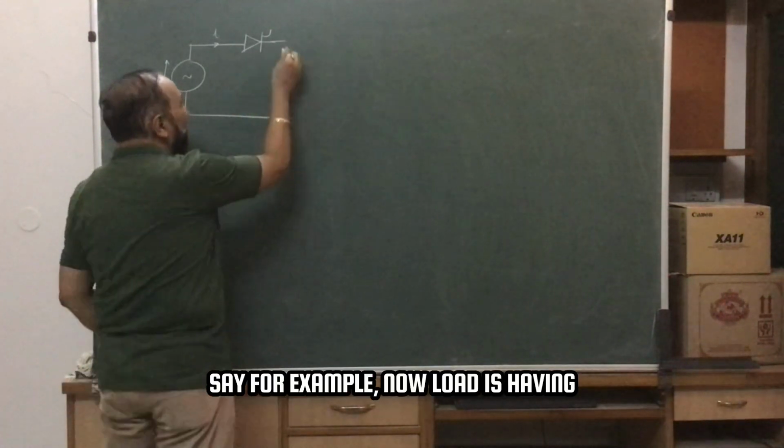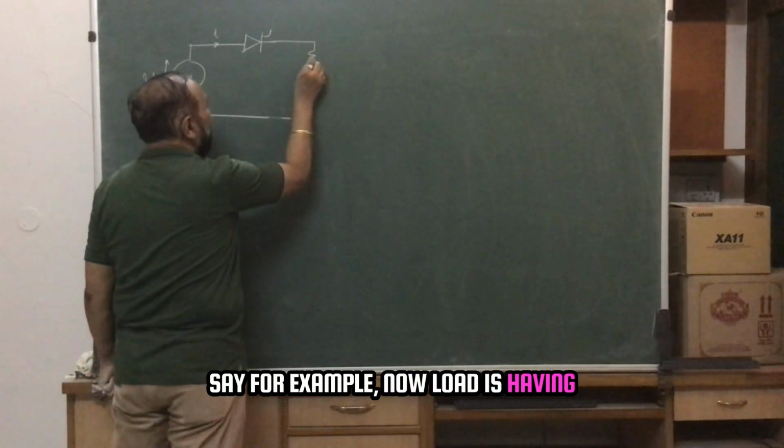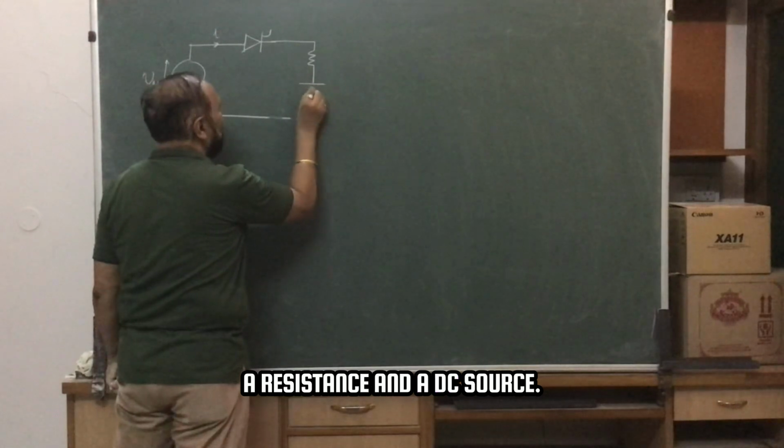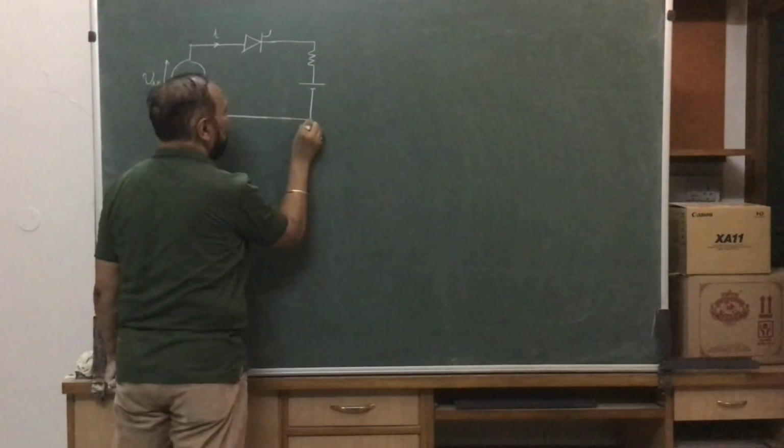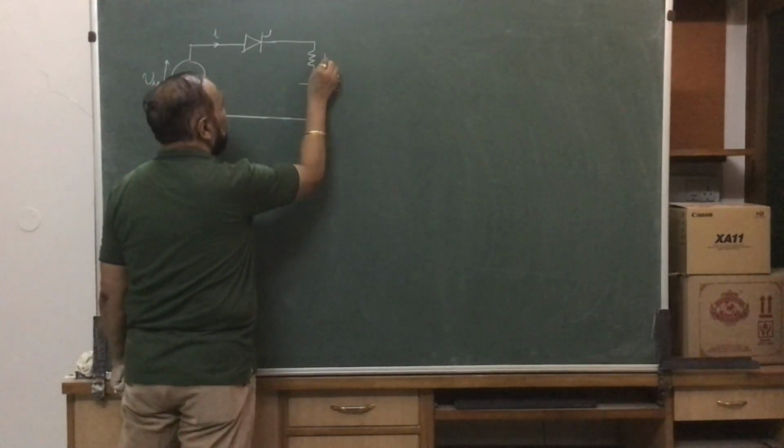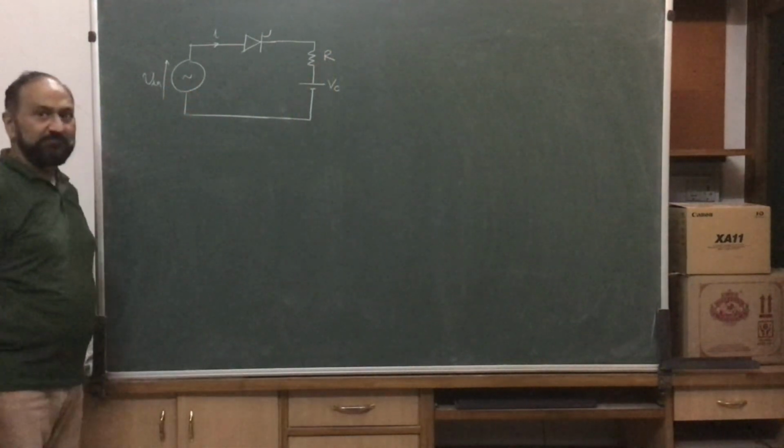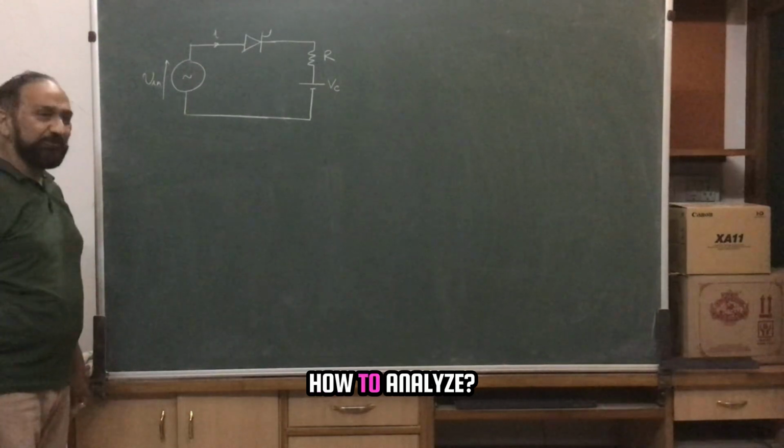Say for example, now load is having a resistance and a DC source. How to analyze?